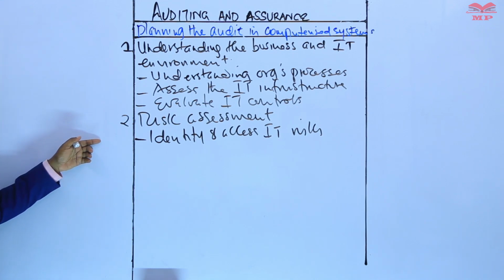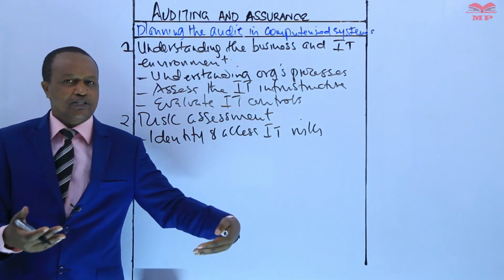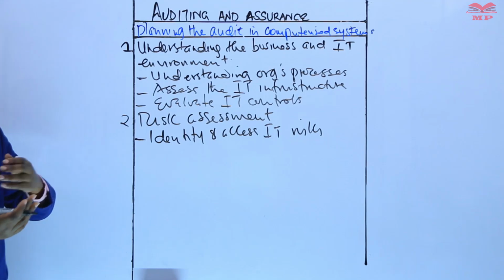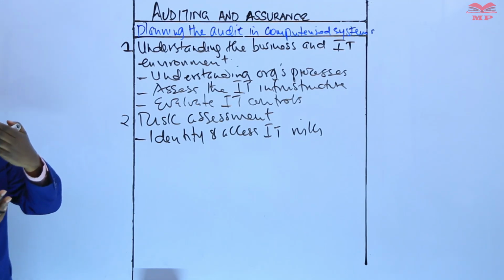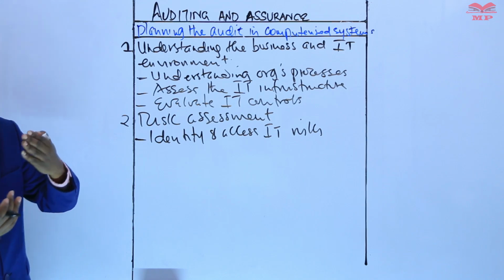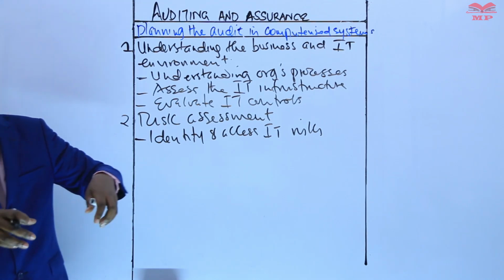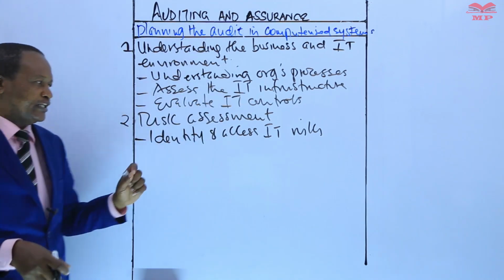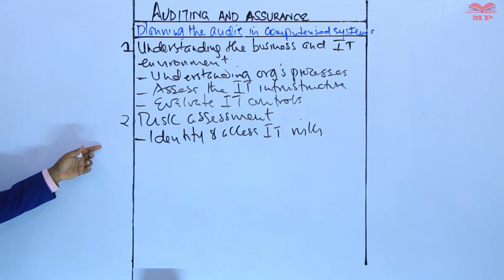Analyze the risks specific to a computerized environment, such as unauthorized access, data breaches, system failures, fraud, and then consider both the internal and the external threats. That is how to identify and assess IT risks.